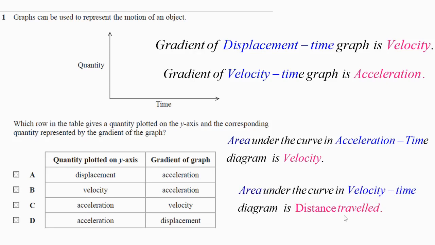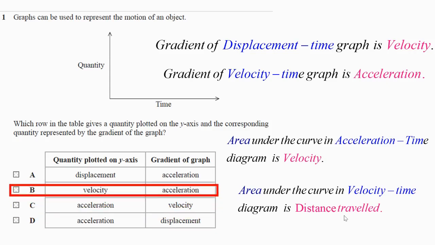So from these points, we can conclude that if you are observing the options, the gradient of velocity time graph will give the acceleration. So the answer of this question is choice B. For choice A, the gradient of displacement time graph gives only velocity, so option A is wrong.